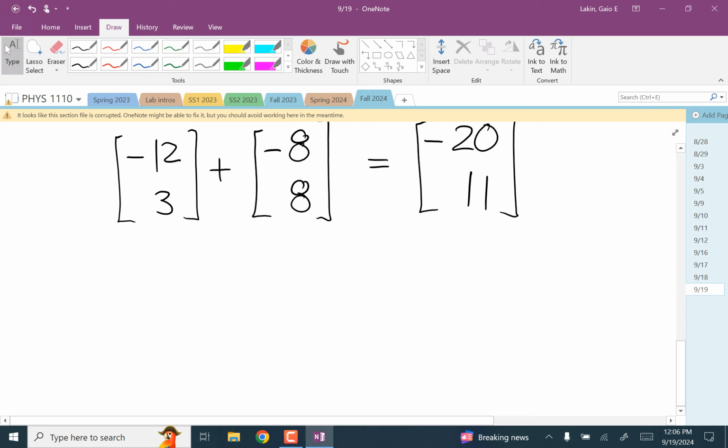And the last calculation that we're going to have to be able to do sometimes is to calculate the magnitude of a vector where you have the components.